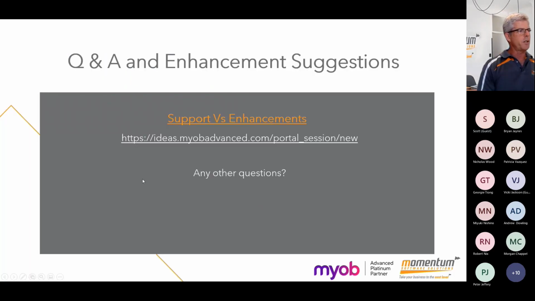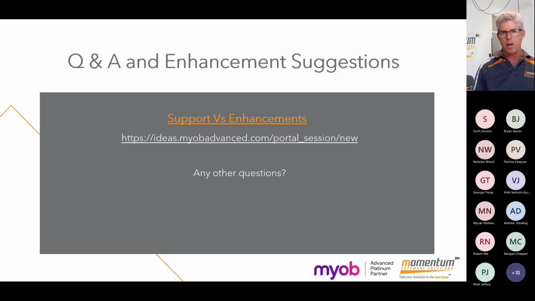If anybody has suggestions for enhancements, MYOB do have what's called an ideas portal. Now, partners ourselves basically take feedback from customers on what they would like to see done in MYOB Advanced or improved. So if you do have any enhancements that you would like to see, email them through to our support email, and we can submit them in the ideas portal.